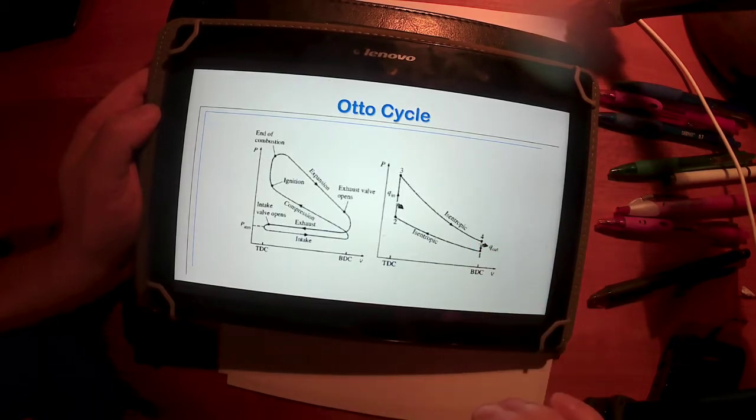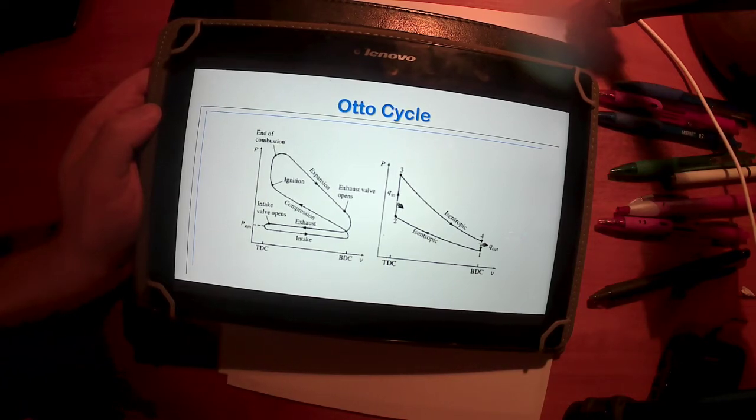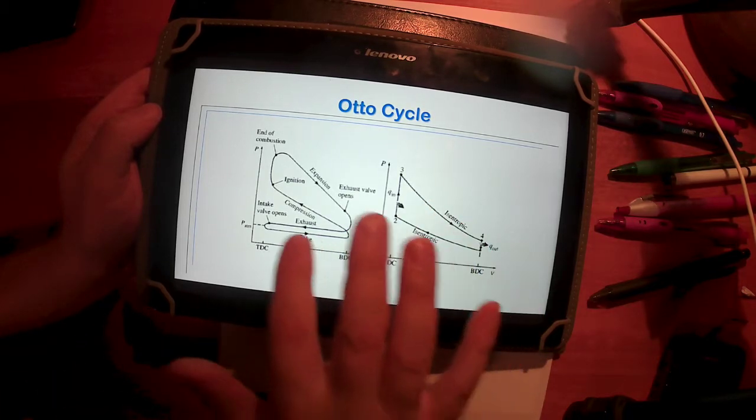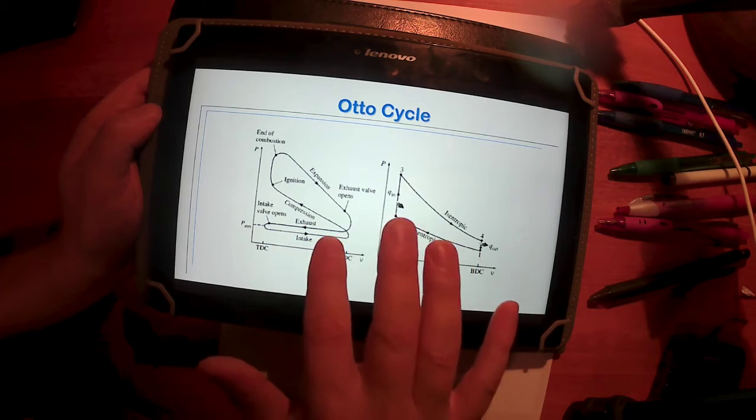Okay. Let's talk about comparing an actual 4-stroke engine to the idealized Otto cycle that I'm going to test you guys on. This is the diagram, comparing a PV diagram of the two to each other. So again, with a 4-stroke, you've got this other part down here where you're exhausting and intaking a brand new air-fuel mixture.